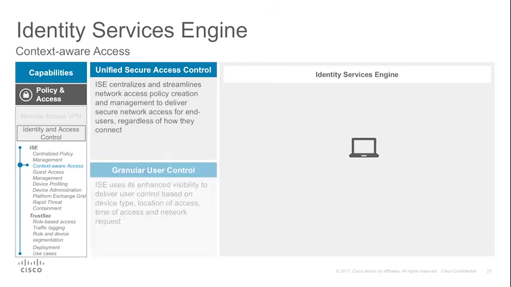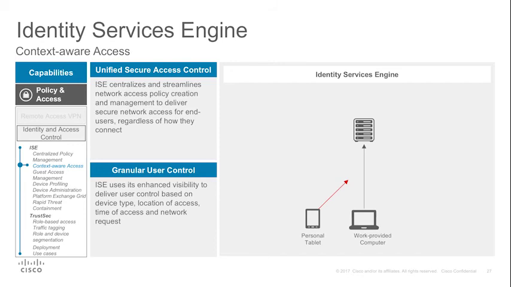ISE also uses this enhanced visibility to create granular policies by understanding who the user is. An employee using his work-provided device can access anything from on campus that he needs. However, when he brings his personal tablet into a meeting and tries to check on some documents from there, his access is limited. In addition to employee control, ISE has unique guest access management, granting necessary access while maintaining control of non-full-time employees.